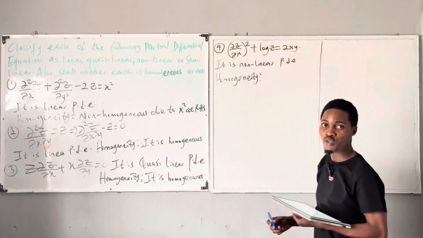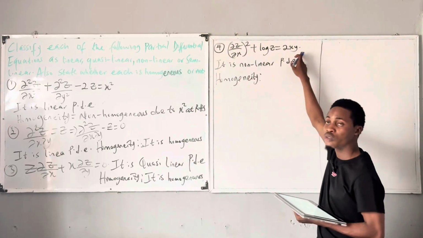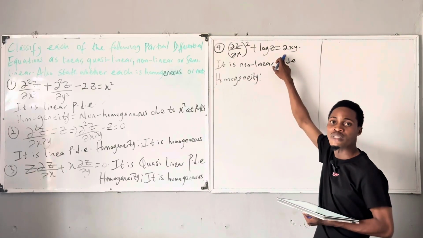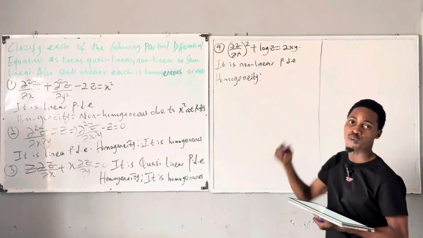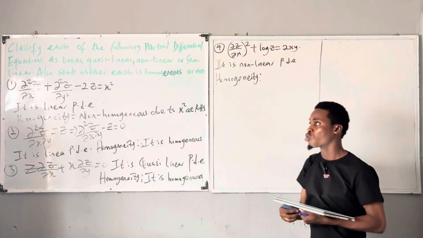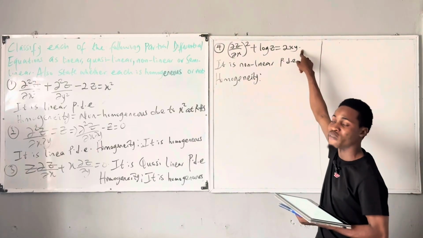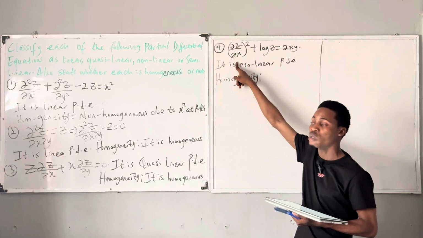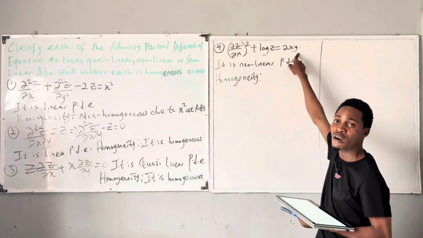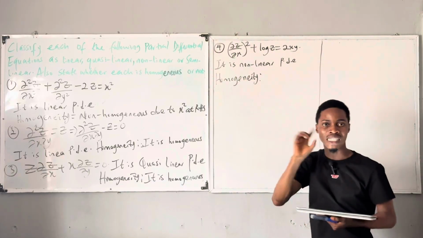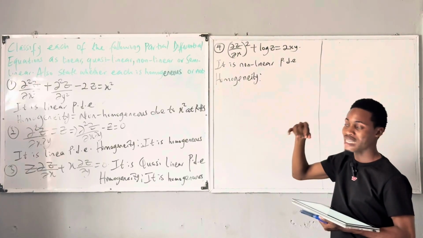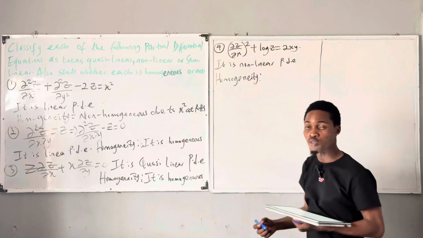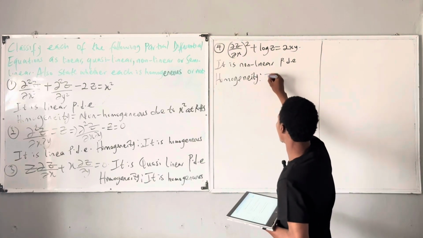While the last term does not contain its derivative or dependent variable of z. So that makes it non-homogeneous. Suppose we have z here or the derivative of that z, this one will be homogeneous. But the last term does not have the derivative of that z or dependent variable of z. That makes it non-homogeneous.